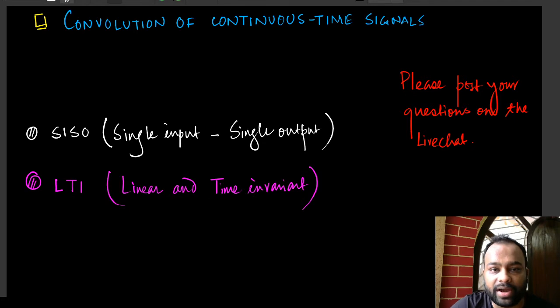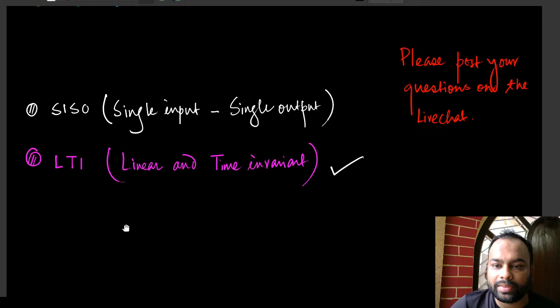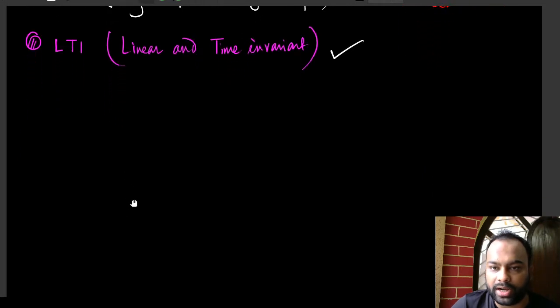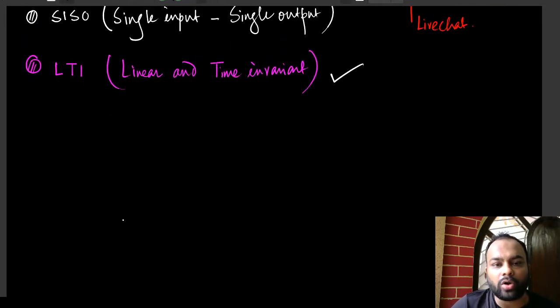This must be satisfied for anything that we're going to talk about today to actually work. So with that aside, let's start our discussion. Again, we are going to talk about single input, single output, linear time invariant systems. The system has to be linear and the system has to be time invariant. Those are the essential criteria in this regard.